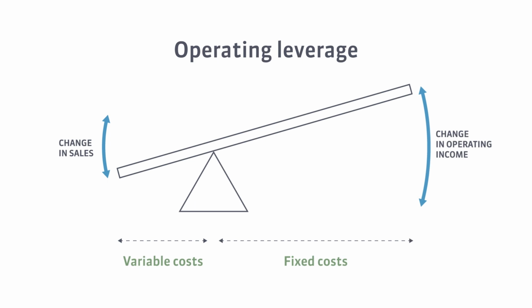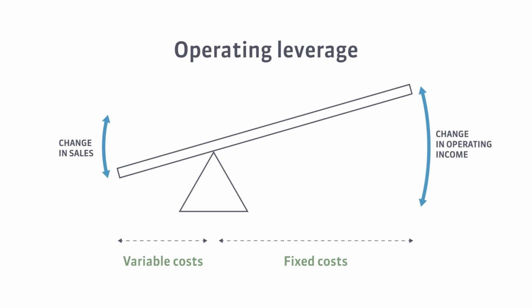Companies that lower variable costs by increasing the proportion of fixed costs use operating leverage, which, along with an increase in sales, allows them to achieve a much higher operating income than companies with a lower proportion of fixed costs. But be careful, because leverage is a two-edged sword.